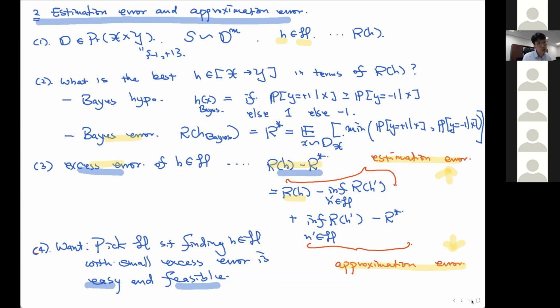So having said this, let's now move to the real analysis of the algorithm, which is empirical risk minimization. Before talking about algorithms that involve this model selection idea, let's start with something very basic, which is empirical risk minimization.